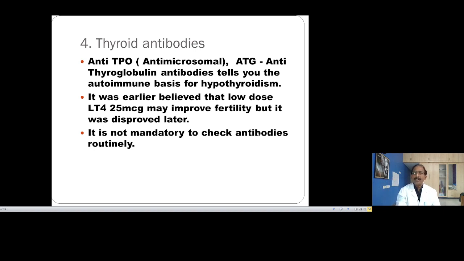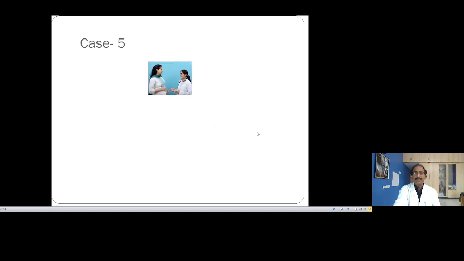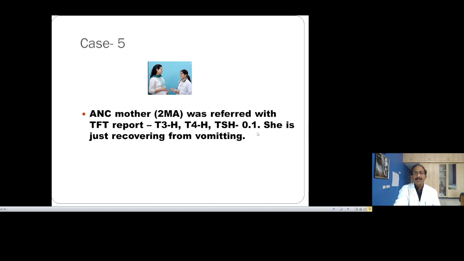It was earlier believed that low dose T4 thyroxine 20 micrograms may improve fertility, but it was disproved later. There's no routine use of this just because you found an antibody. So you don't have to do antibodies routinely unless in borderline cases of TSH. So you can reassure the patient.